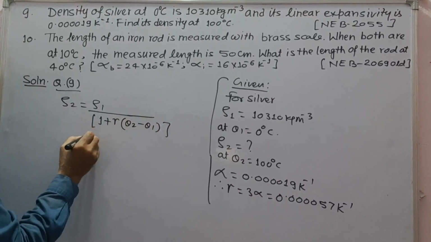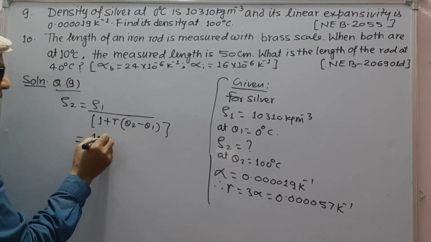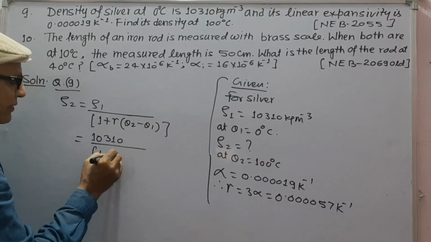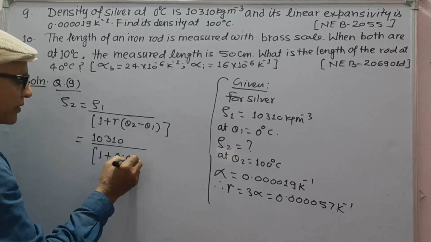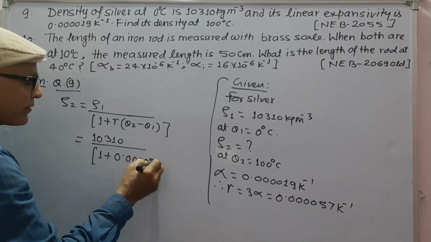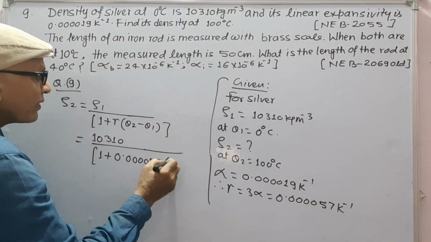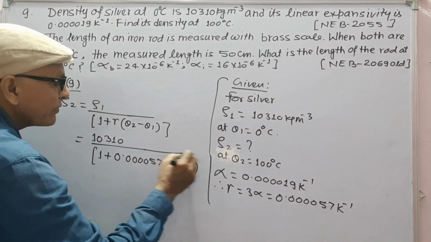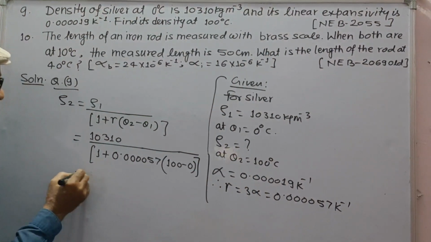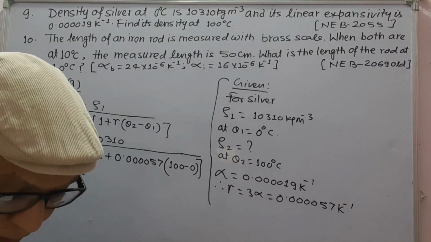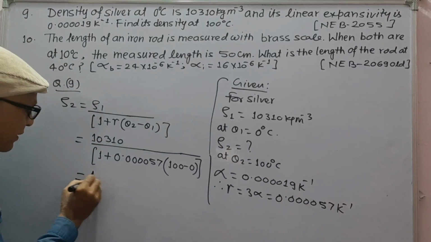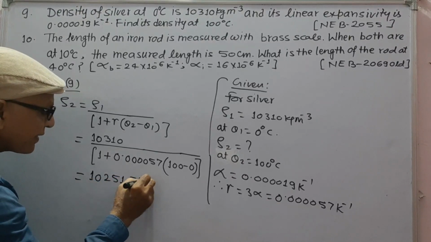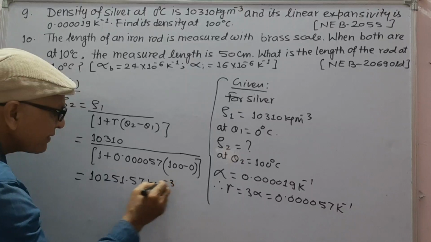Therefore, it will be 10,310 upon 1 plus 0.000057 into 100 minus 0, which gives 10,251.57 kg per meter cube.